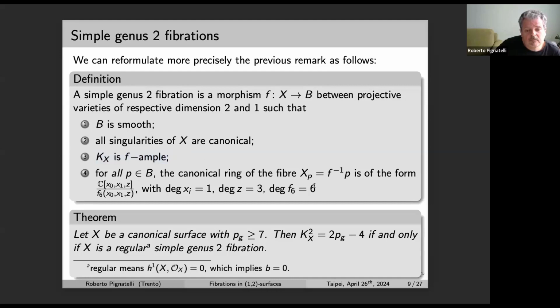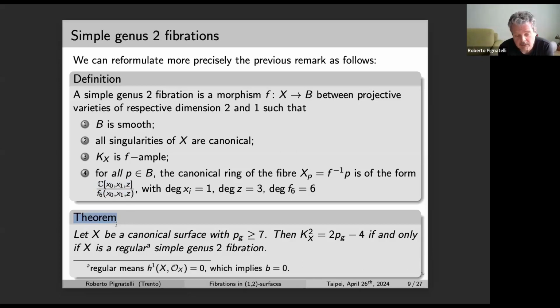I want this to have positive intersection with any curve which is contracted by f. And then I write that I don't want a disconnected fiber. The way I write this is, for every point in the base, let me ask the canonical ring of the fiber to be of this form, which as I discussed is the form of the connected fiber: the quotient of the polynomial ring in 3 variables, with weights 1, 1, 3, by a sextic. And then I wrote it as a theorem, but it is just a remark, which puts together very well-known things from the previous slides.